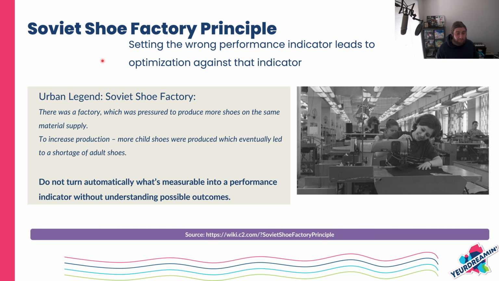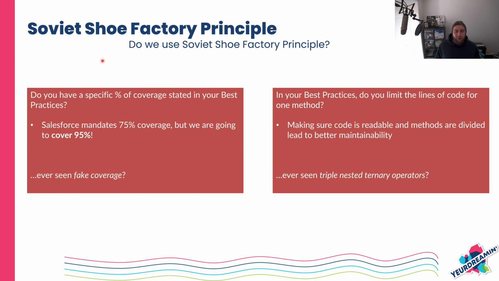but in reality, you're not really resolving the actual need to produce more production because you're limited on supply. Just because something is measurable, just because something is highlighted to higher management or whatever, doesn't mean that that's the quality indicator, performance indicator, which should be measured and optimized.